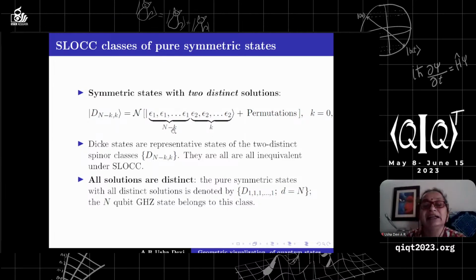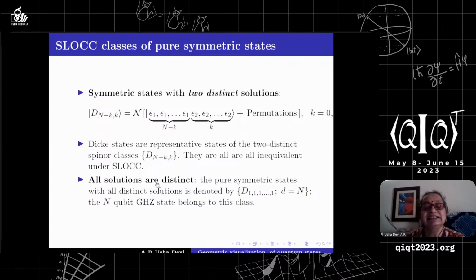If I take k to be n minus 1, let us say I get a W state, etc. So we can notice that all our Dicke states, that is J, m, m equal to minus j to plus j, belong to this two distinct spinor class, and I cannot make a change from one such state to another if the number of distinct spinors are arranged in different ways.